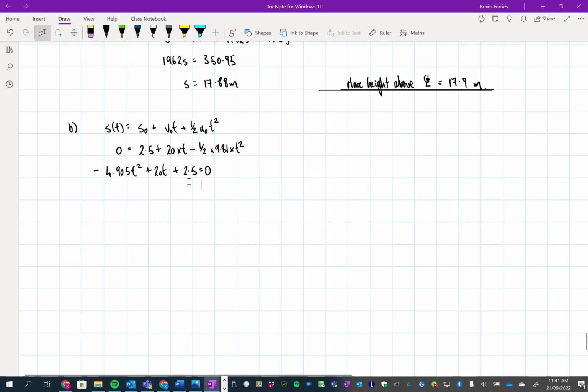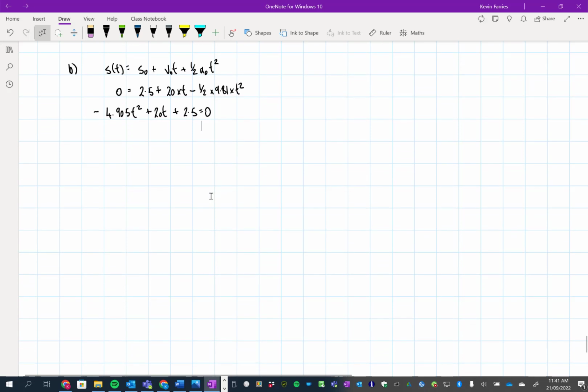I could times that by a negative, but there's no point, I've got two positives there anyway. So now we're thinking, what are a, b and c? a is equal to minus 4.905, b is equal to 20, and c is equal to 2.5. So we've got things in the right order: the variable squared, then the variable, then just the number.